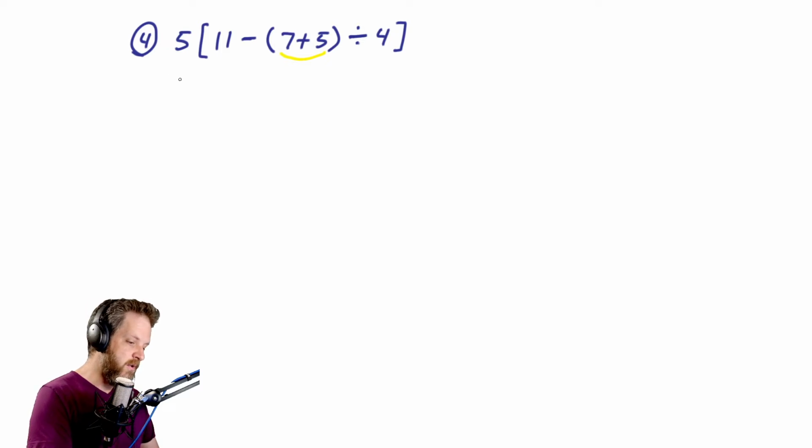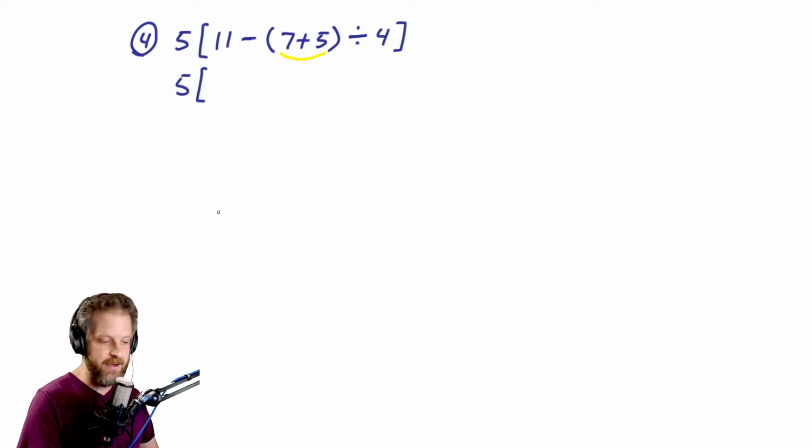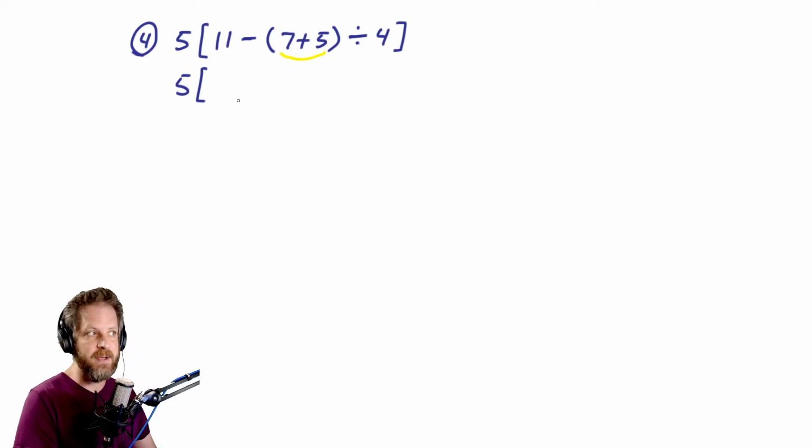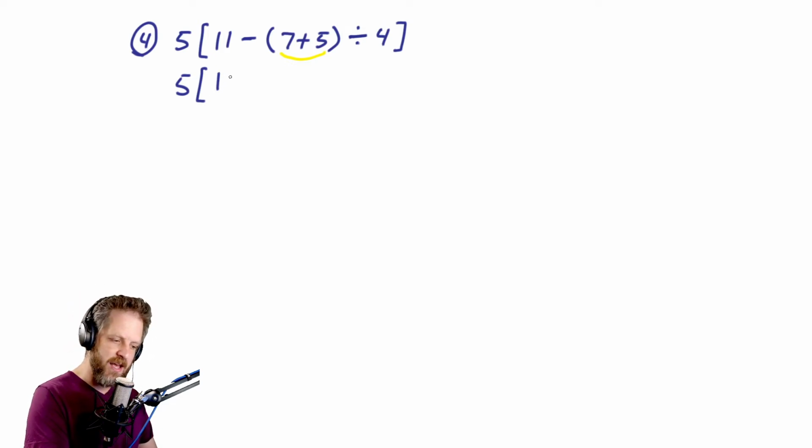So we're going to bring down what we haven't touched. 5 times, remember, 5 times a number right next to a grouping symbol is multiplication. So 5 times 11 minus 7 plus 5 is, sorry, I had a brain fart. What is that? That's 12. Sorry. Thinking about too many things at once. Divided by 4.